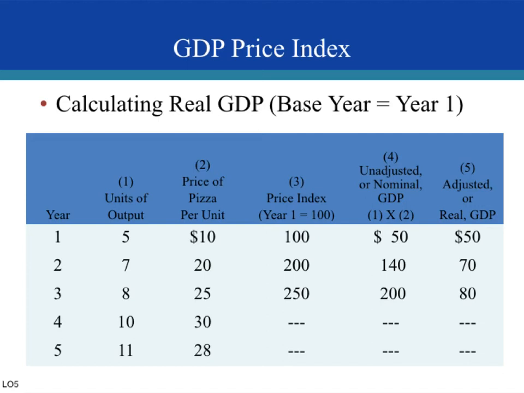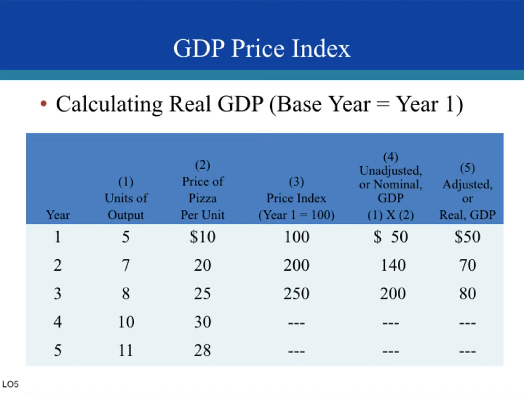And also using year 1 prices, since the price in this case doesn't change, it's also 50. So the index will be 1, but we multiply it by 100, so the price index ends up being 100.